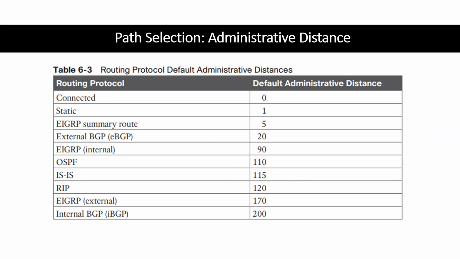That doesn't matter, because from the second election process standpoint, we're just looking at the AD. An AD of 90 is better than an AD of 110, so we don't even care about the different metrics within the different routing protocols. We're just going to go with the AD.